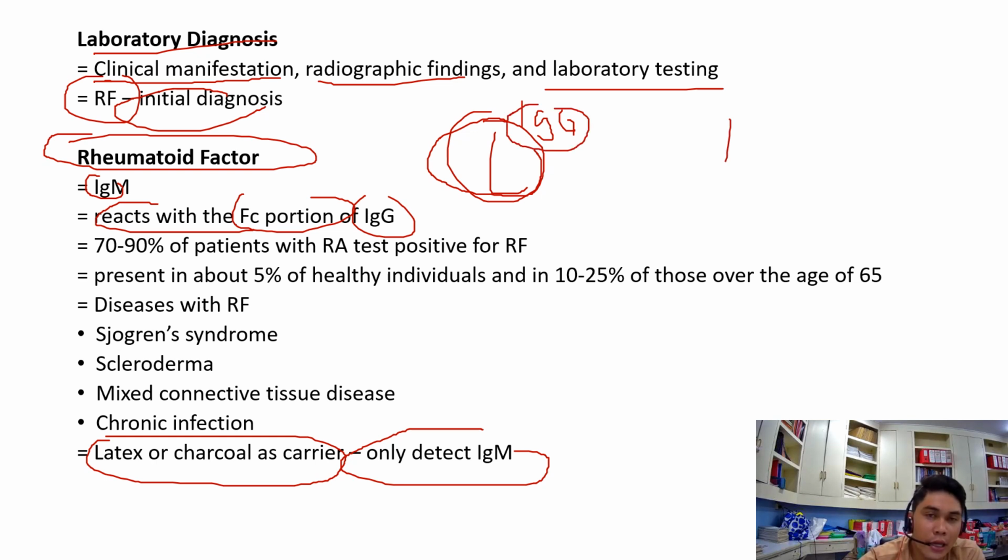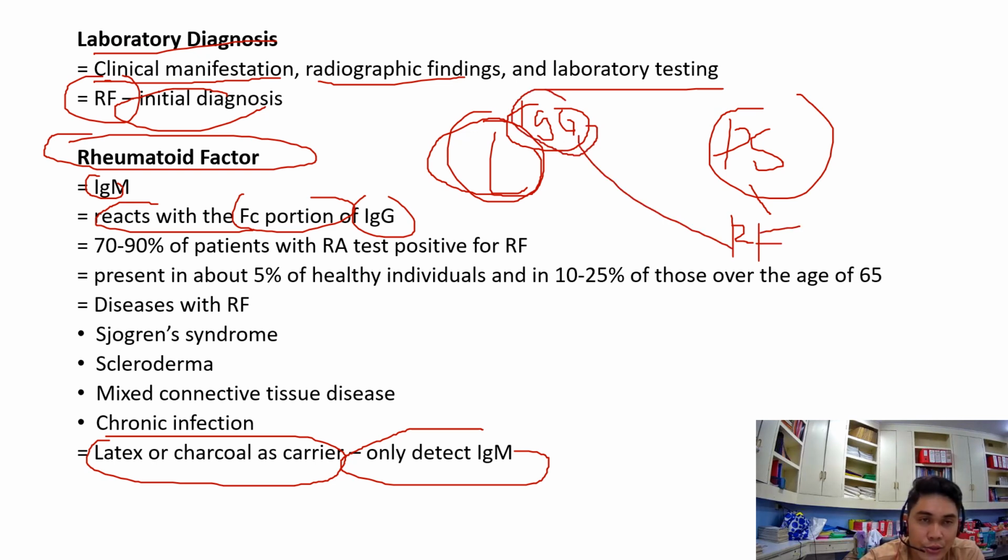And the patient's serum possibly contains RF. So the RF will react with the immunoglobulin attached to the latex particle or the carrier. And if there's a reaction between the RF and IgG, you have latex agglutination.